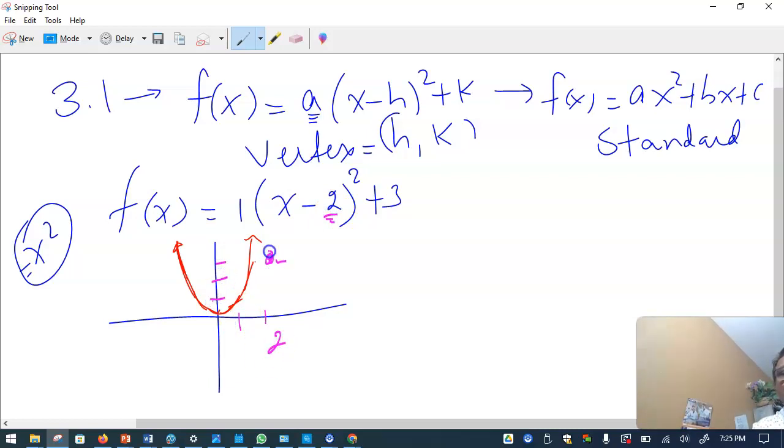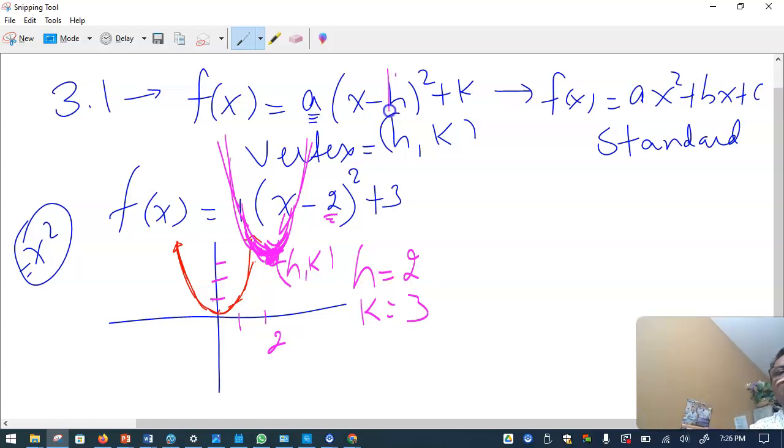So the whole parabola is shifted this way. This is the parabola, and that's the vertex, which is a turning point, and that's (h, k). So h is 2 and k is 3. The h is positive, so it shifts to the right, and k is positive 3, so it shifts up.